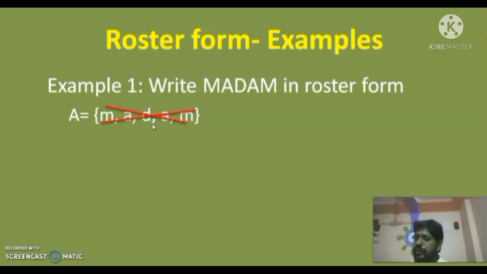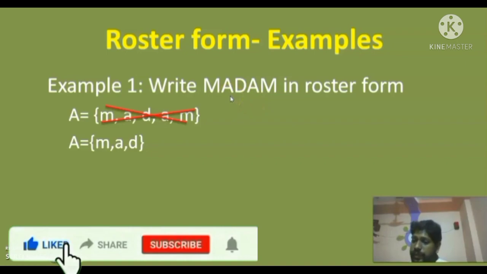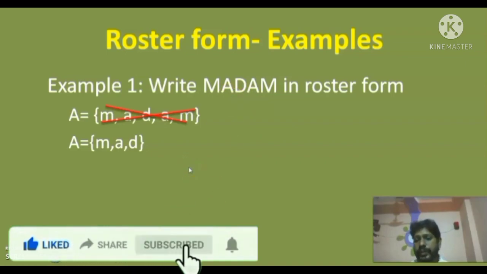As we discussed in the roster form definition, every element must be written once. It should not be repeated. Hence, madam can be represented as A is equal to {M, A, D}. A cannot be written again because A is repeated. M cannot be written again because M is also repeated. So this is the way of describing madam in roster form.